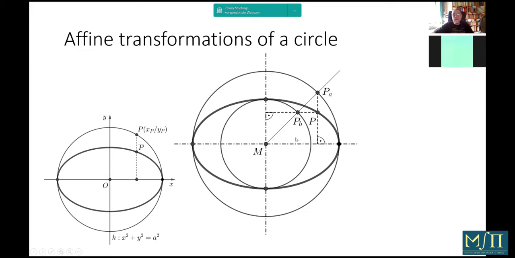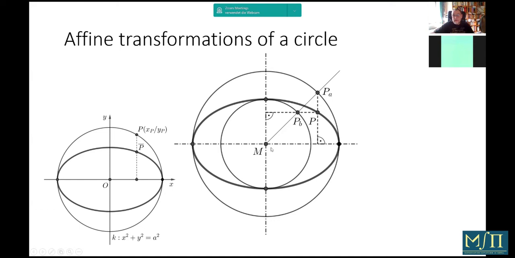And there's a second one that we can also obtain by leaving the minor axis of the ellipse fixed, and again mapping on right angles, and in such a way that the major vertices of the ellipse are mapped onto points that are the distance b from the common midpoint. And then we obtain as a map of the points of the ellipse, the points of a circle with radius b.